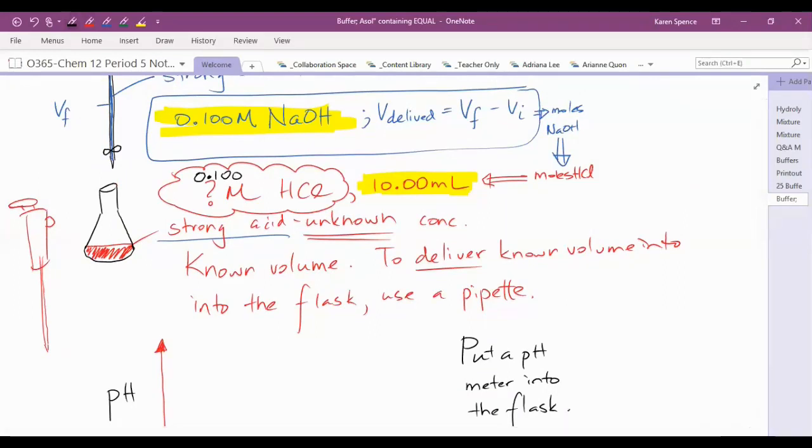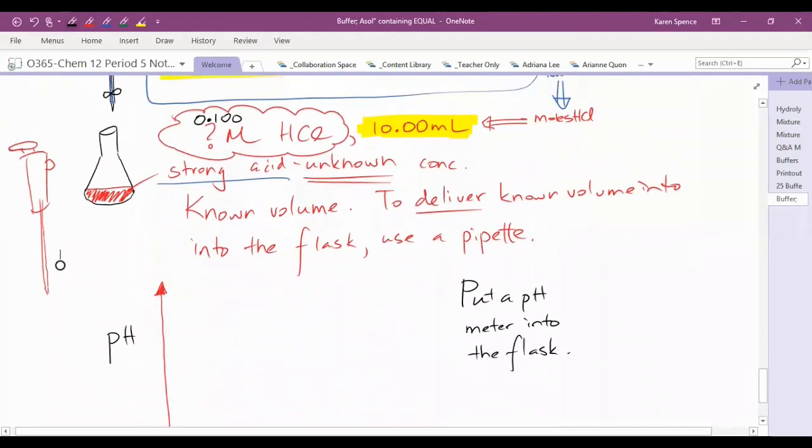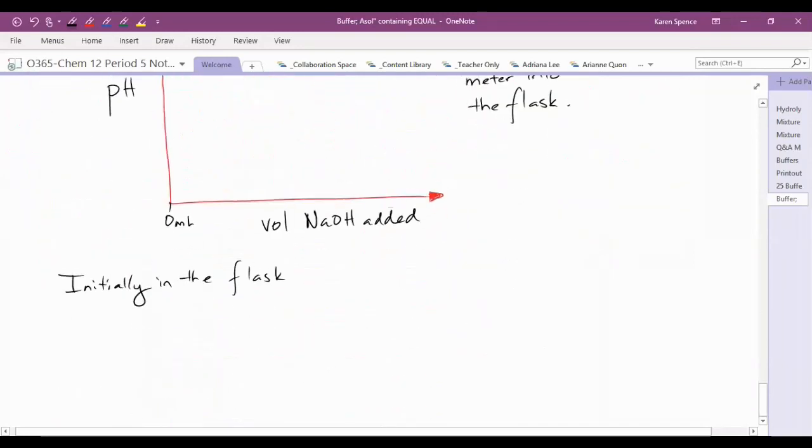So initially in the flask, what is the only thing that is in the flask to start with? HCl. That's right.